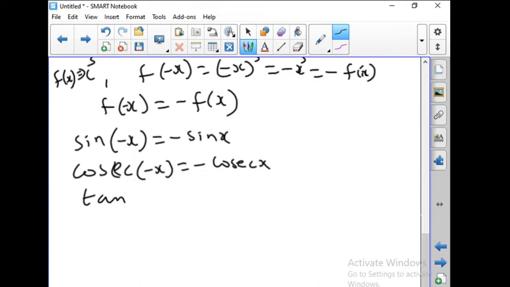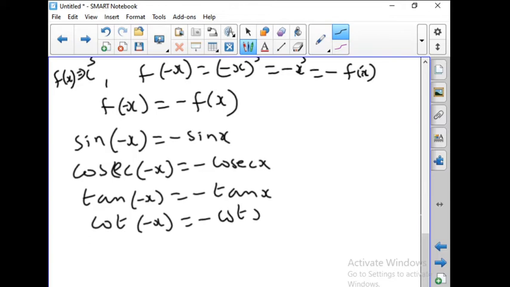Tan of minus x is minus tan x. Then cot of minus x is minus cot x. Okay, so all these are called odd functions.